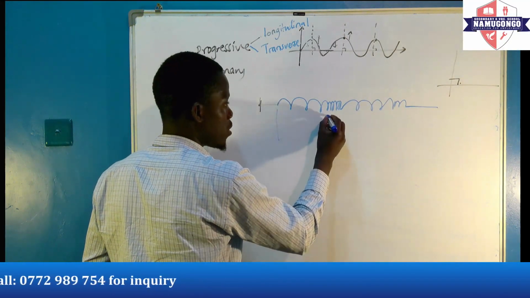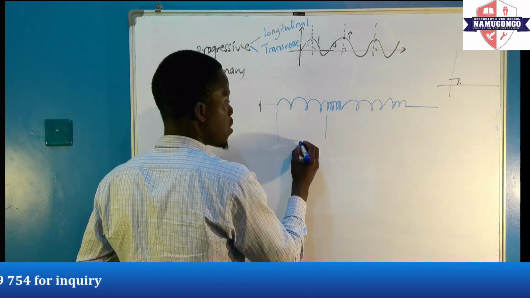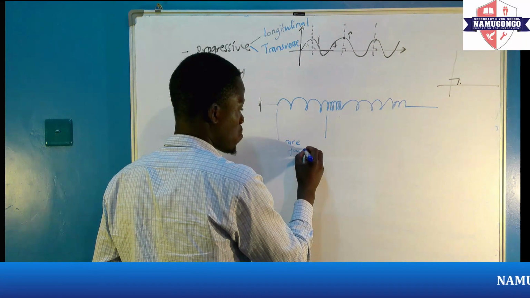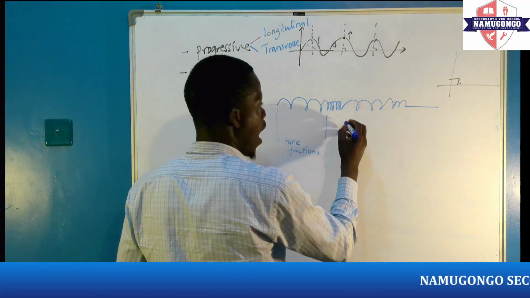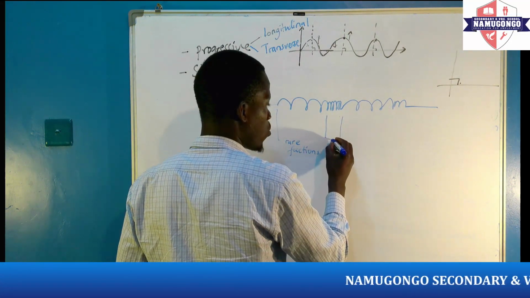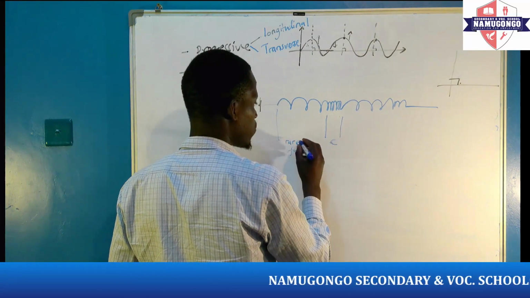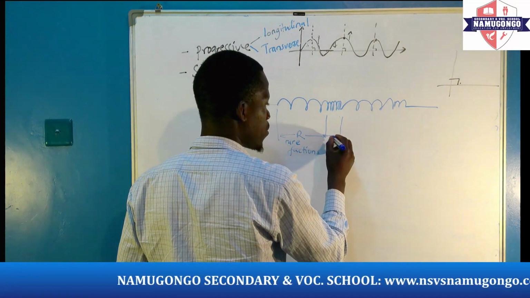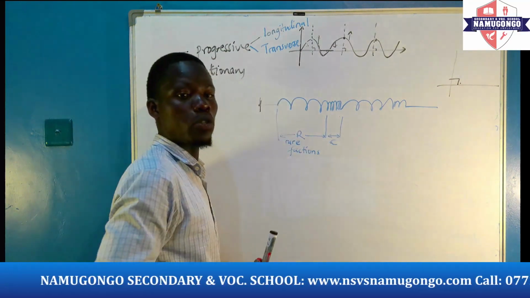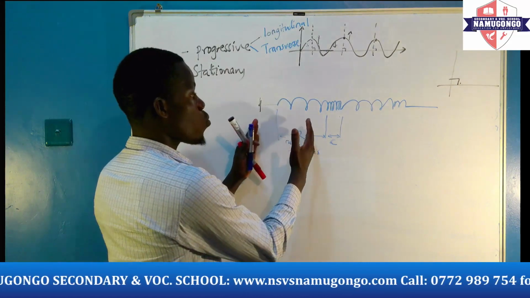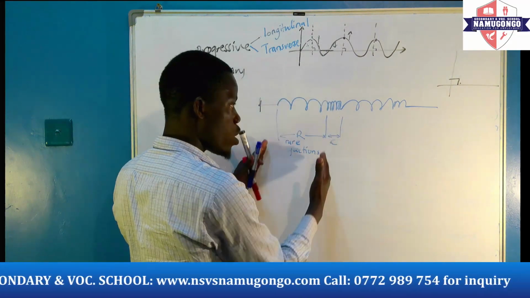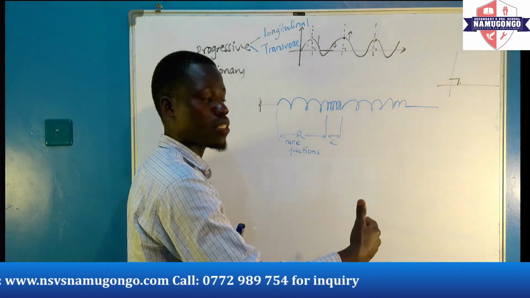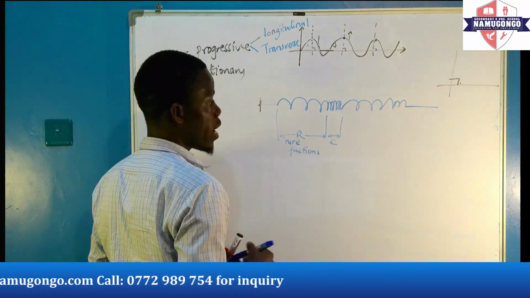These here are what we call the rarefactions, and these are what we call the compressions. I denote them by capital R and capital C. The regions where we have wide gaps in the wave are rarefactions, where the particles are widely spaced.